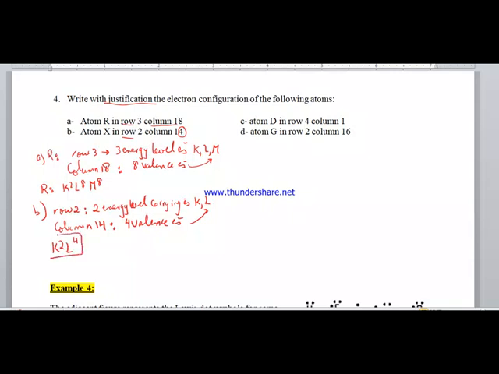This is the electron configuration of atom X.